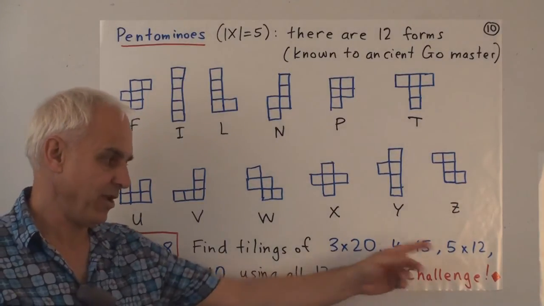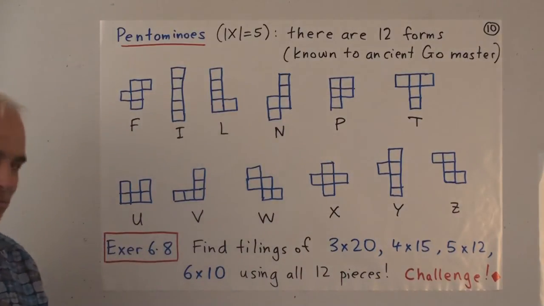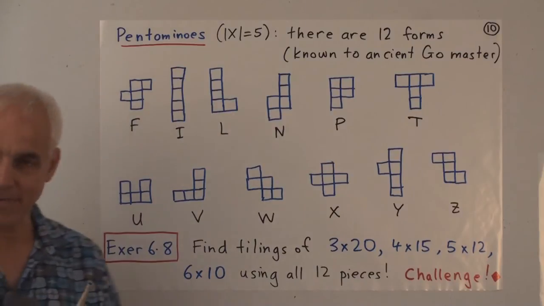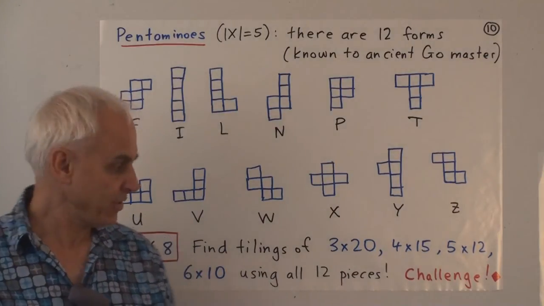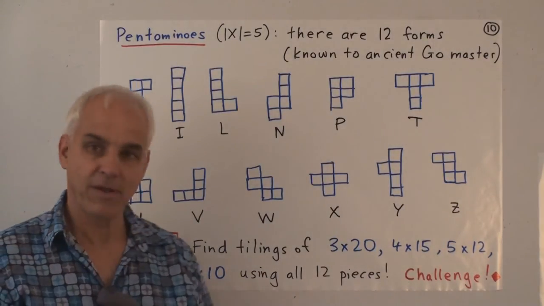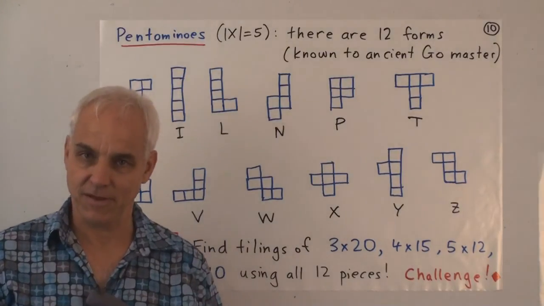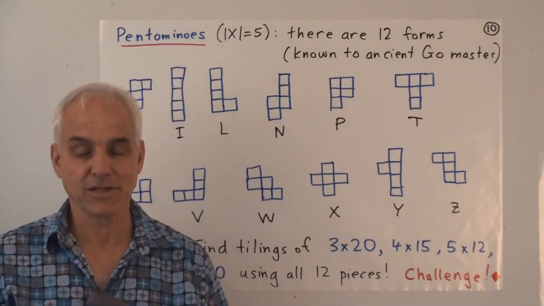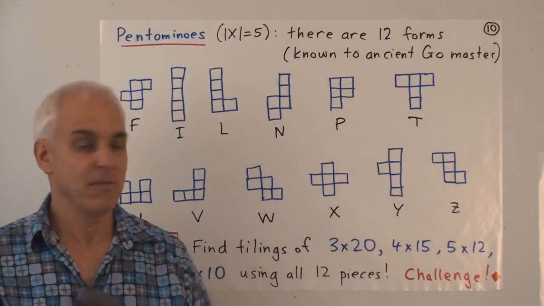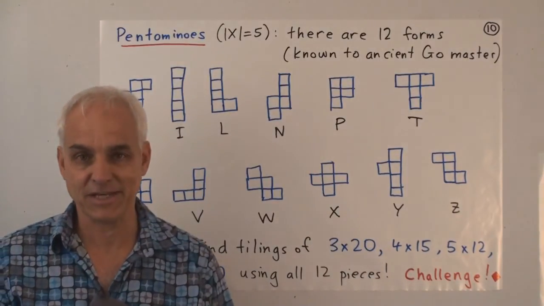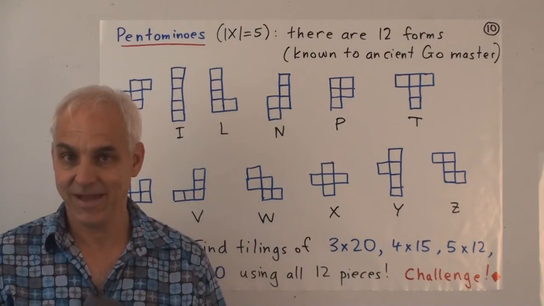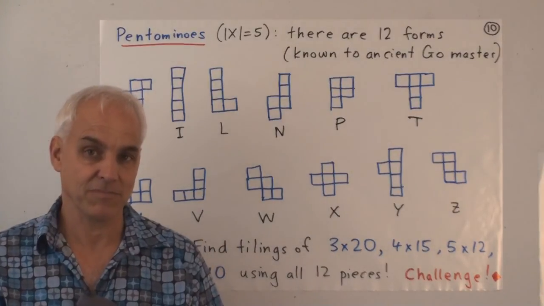They all have 60 squares, so that works numerically, but whether you can actually fit them together is a bit of a challenge. That's going to be a lot of work, and you might find yourself addicted to this kind of thing. If you do, there are lots of challenges on the internet. People have been playing around with these things for many decades, and it's a source of fun for a lot of people.